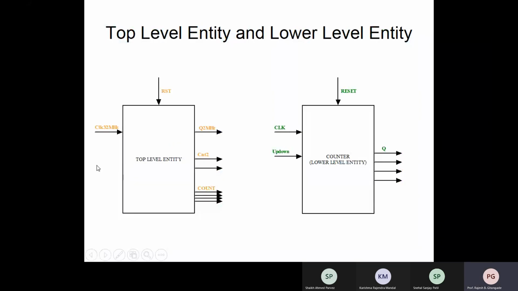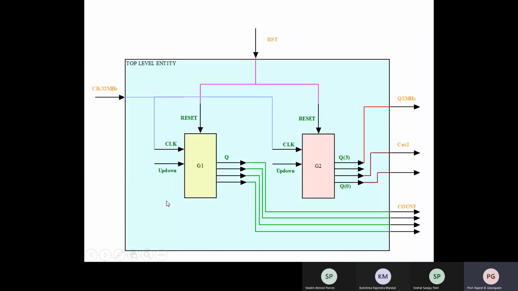As you can see, I have a top level entity like this, and inside that I am going to call this lower level entity 2 times. So it will look like this. Just have a look at it. Understand all the signals properly.